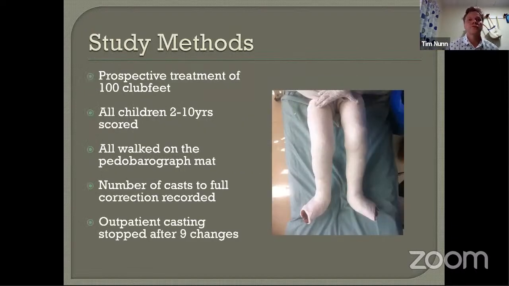So we looked at 100 Clubfeet, all children between the ages of 2 and 10, and all walked on a pedobarograph mat, and we charted the number of casts to full correction. We discontinued casting if they'd had 9 changes and had either plateaued or had not responded.